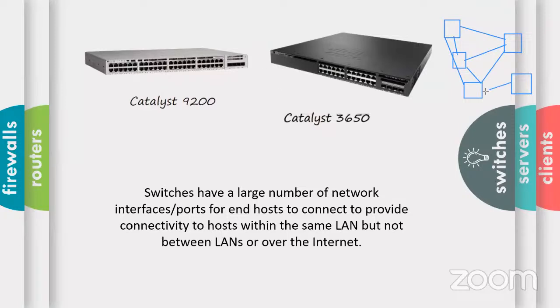I have to have one link here, one link here, one link to this, and one link to this. Are you seeing the problem here? If I add one more device to this network, and I want to talk to all devices, then I need to have a connection to all the devices.